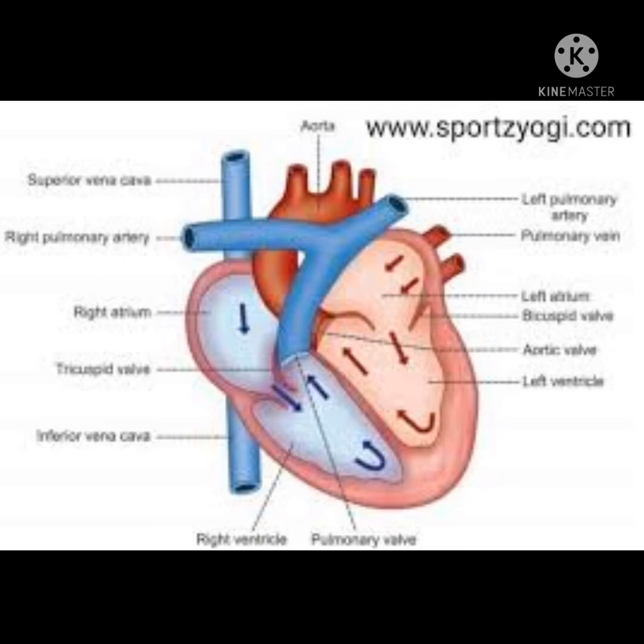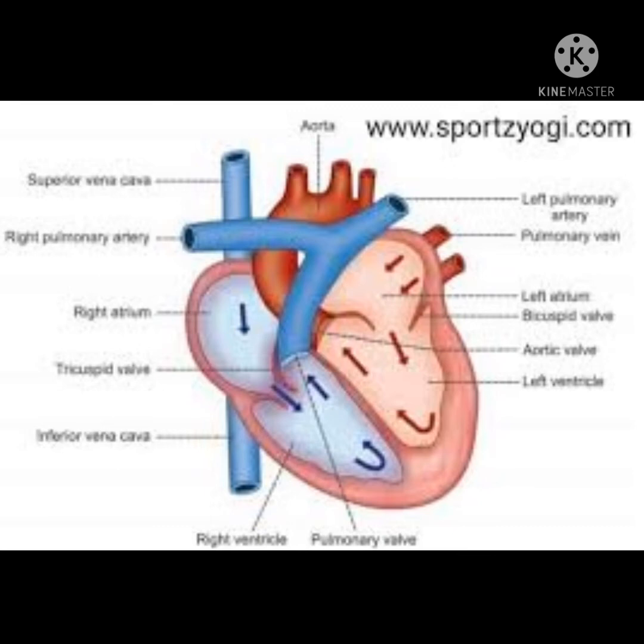Our heart has two nodes which are known as the pacemakers. The first one is at the right atrium, the AVN, situated at the base part of the atrium.